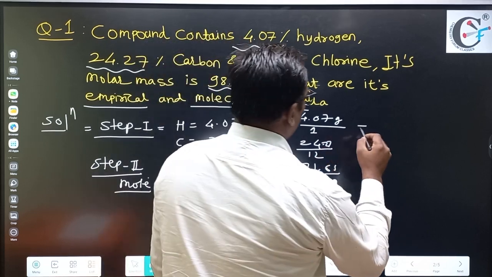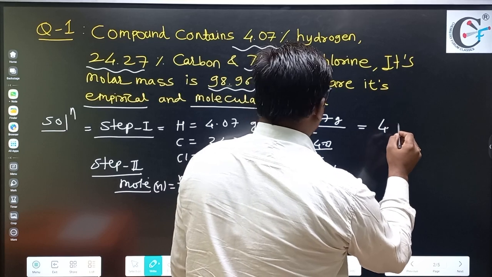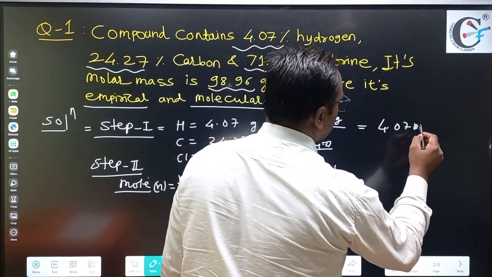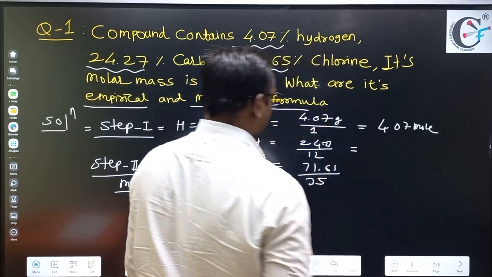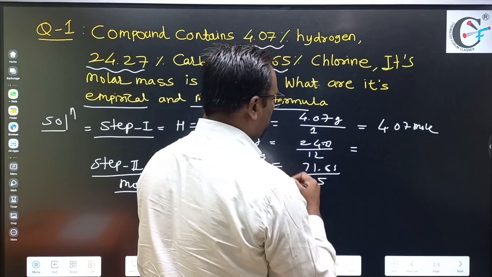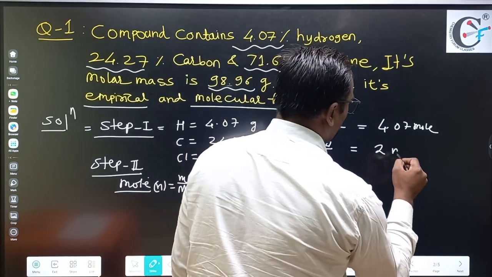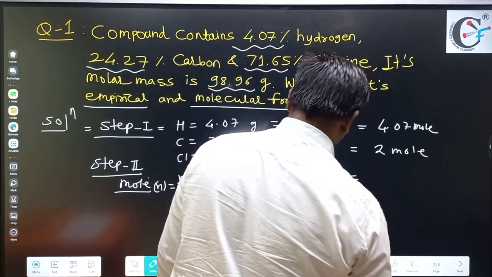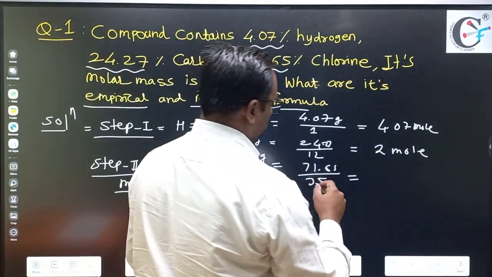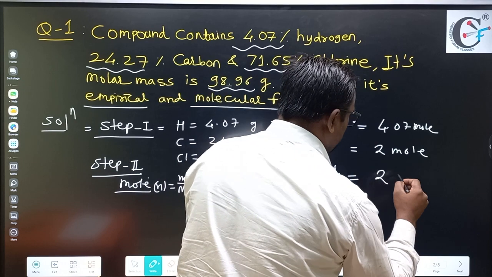Now this will become how much mole? It will become the same, that is 4.07 gram, or we can say it is mole. Now this will become 12 to the 24, it means that it is 2 moles. And this will become, again, 2 moles.